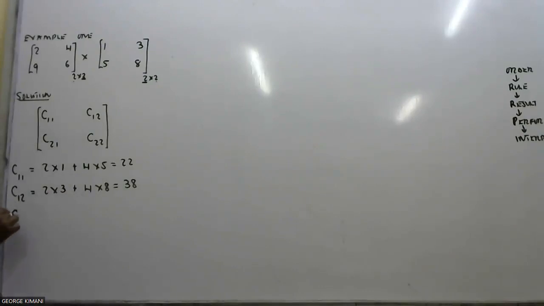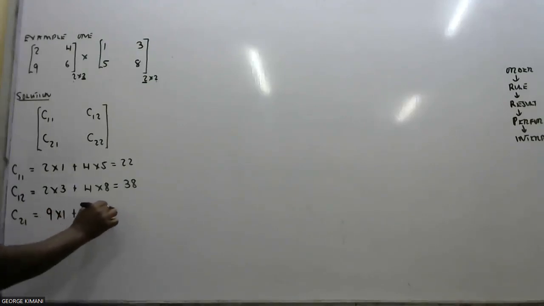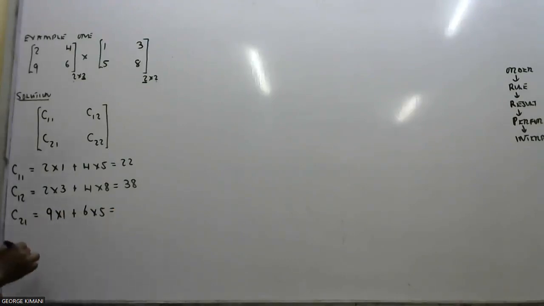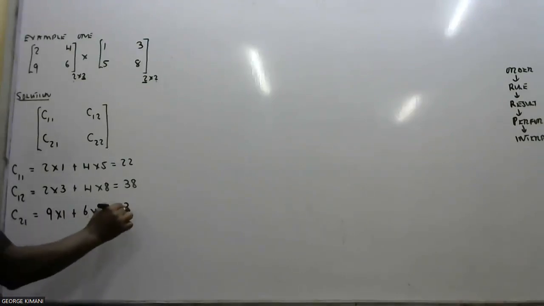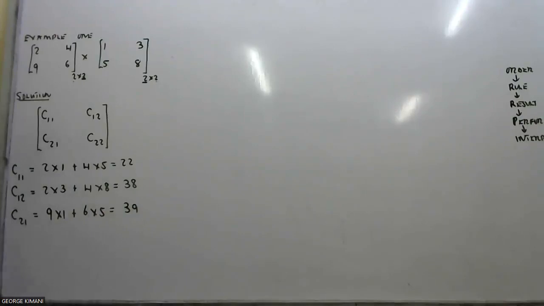Then we have C21. C21 is the values in the second row multiplied by the first column. So that is 9 times 1 plus 6 times 5. 9 plus 30 is what? 39.